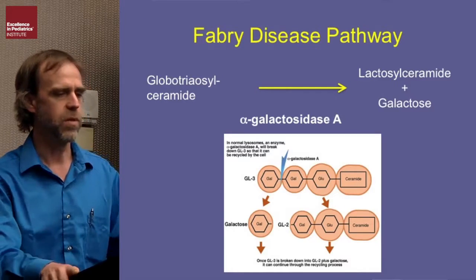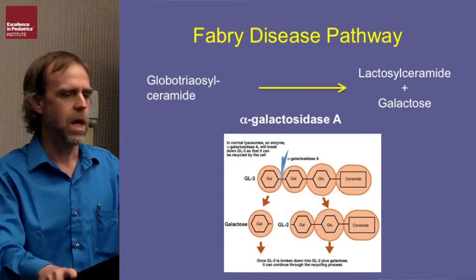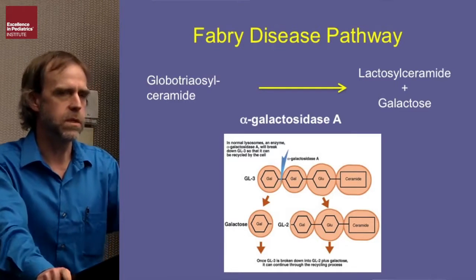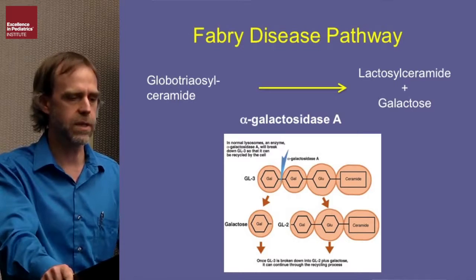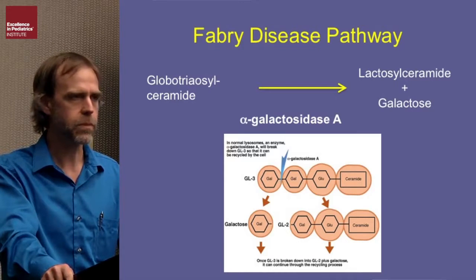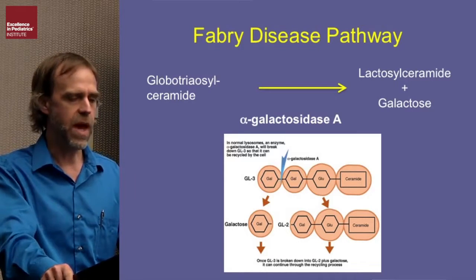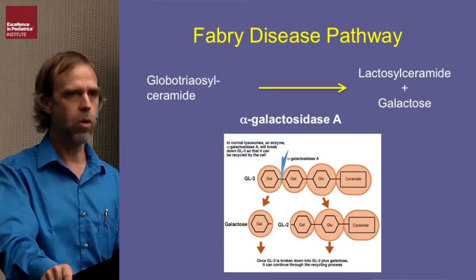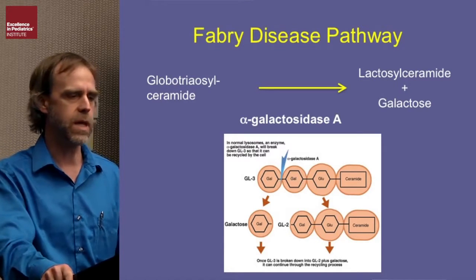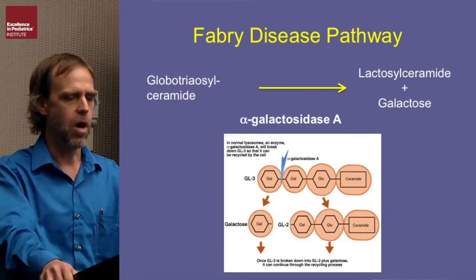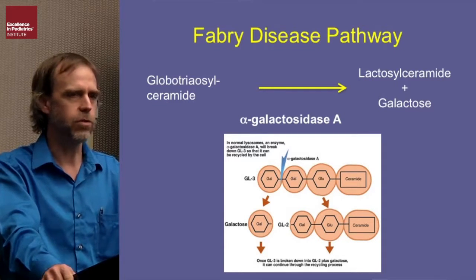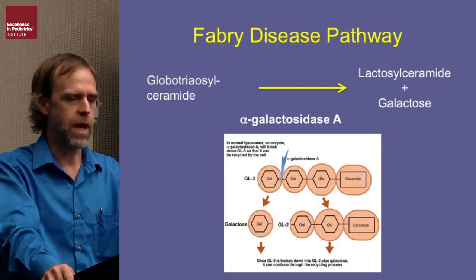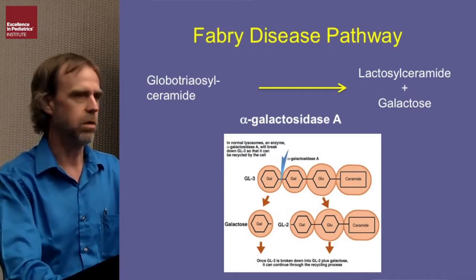All right, so Fabry disease is a lysosomal storage disease due to deficiency in alpha-galactosidase A, and the role of that enzyme is to break down a complex, almost unpronounceable molecule called globotriacylceramide into galactose and a smaller molecule.